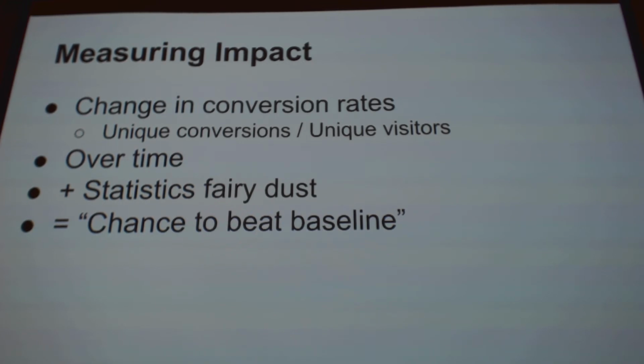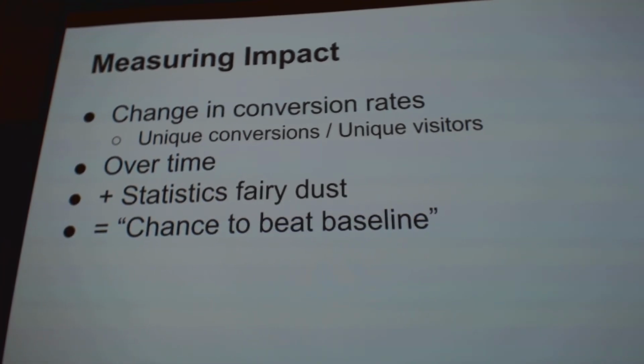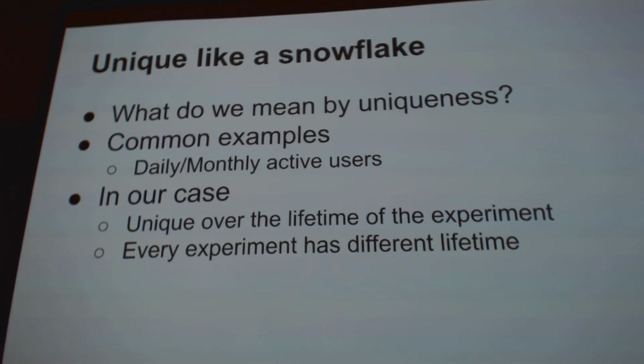And we define conversion rate as the unique number of conversions divided by the unique users who visited a particular page over time. And then we sprinkle some statistics fairy dust on it, and then we get a chance to beat baseline, right? So this tells you this variation has improved this particular goal, right?